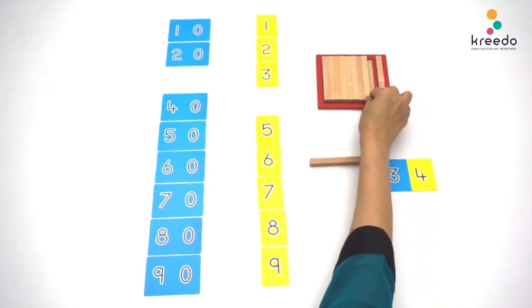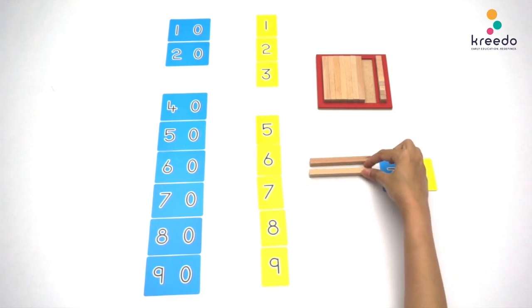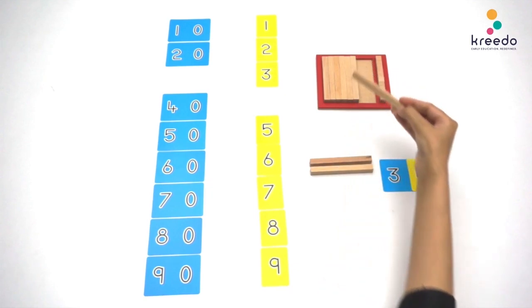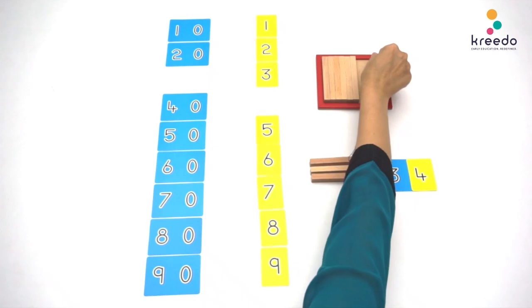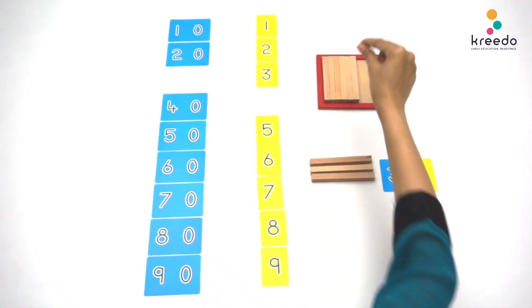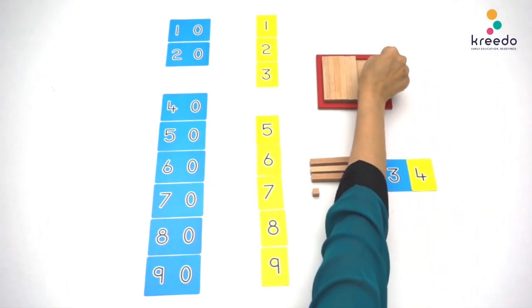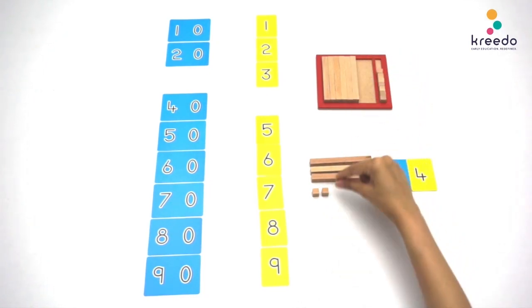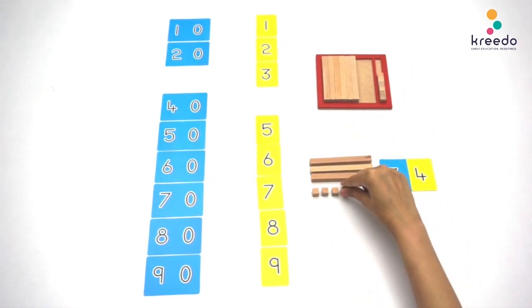One ten, 2 tens, 3 tens, 1 unit, 2 units, 3 units, 4 units.